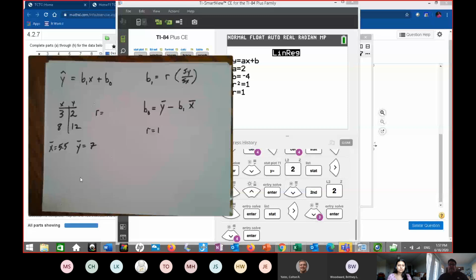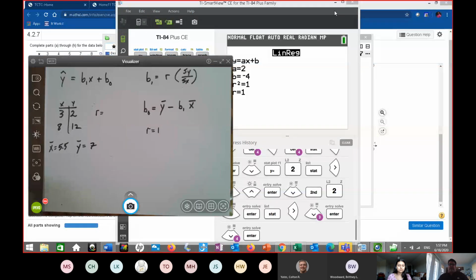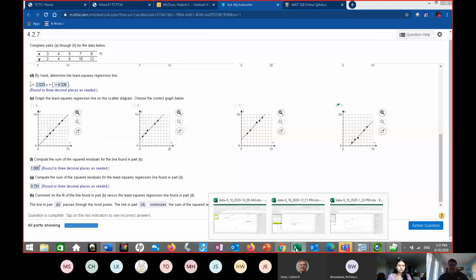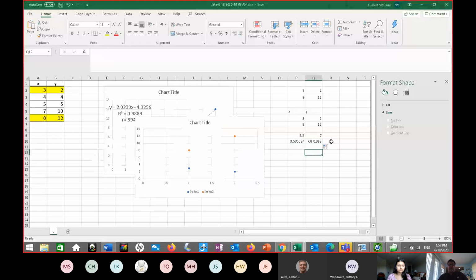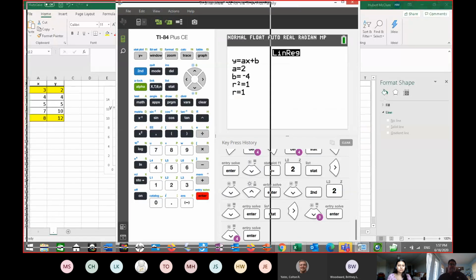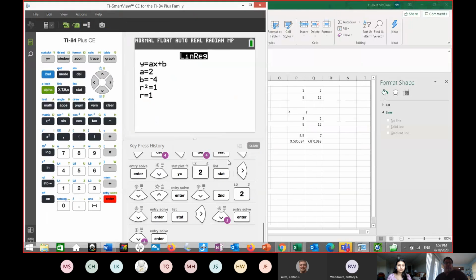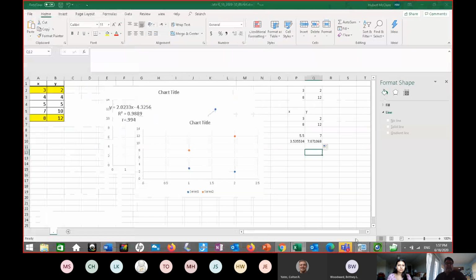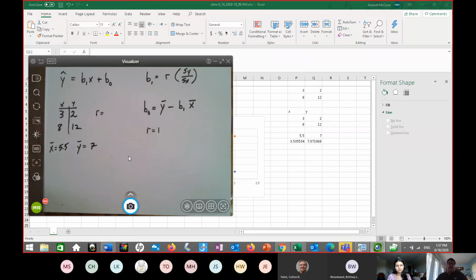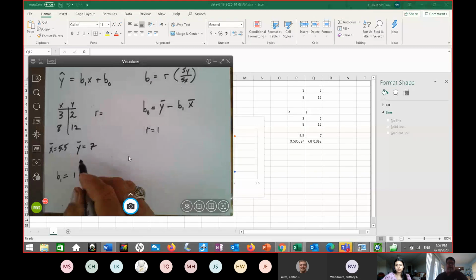So we've got our X bar, there's our numbers. And here's how you find what they're trying to find in that. And see, this is a lot of work for nothing. I'm trying to do everything at one time. I'm sorry. So we need B sub 1. B sub 1 is 1 times S sub Y, which is 7.07.